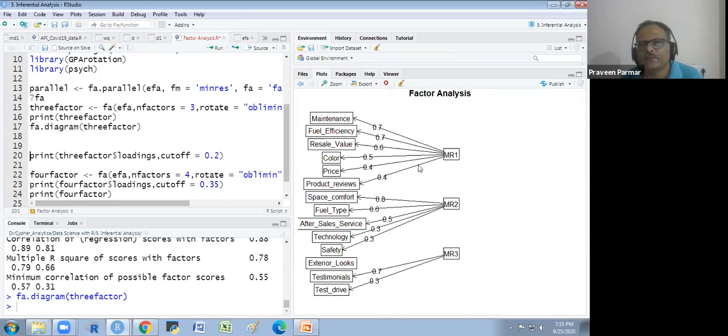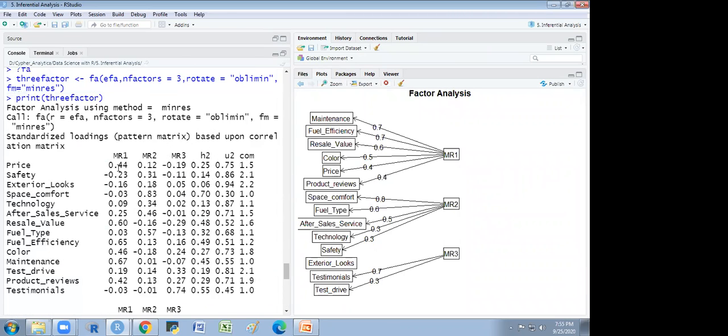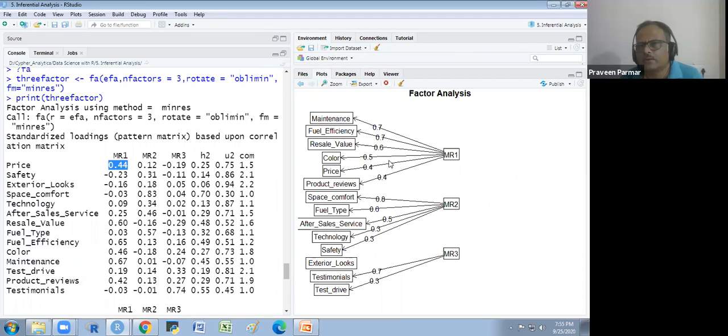You see the price we have seen, I will show you that again, 0.44. So it is in MR1. Color, you see 0.46, which is the highest here. Resale value, you see 0.60, highest here. So in this way you could make the factors, and then we work on this.